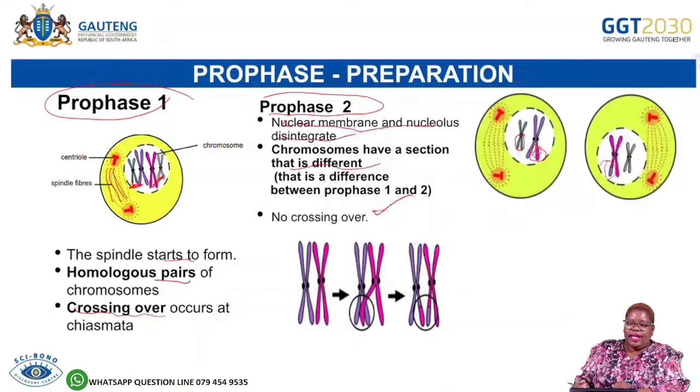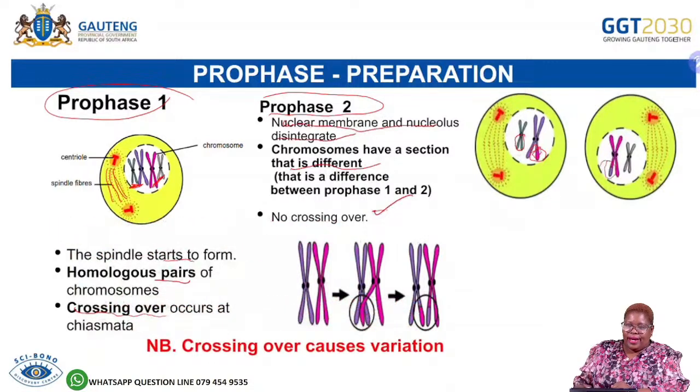But in prophase 1, when crossing over takes place, we've got different sections. What do they mean to you? This means that crossing over causes what? Variation. But here, remember, in prophase 1, we only had homologous pairs of chromosomes, right?